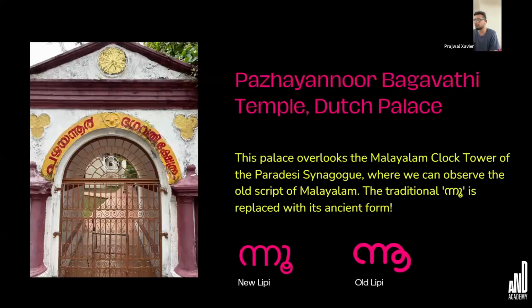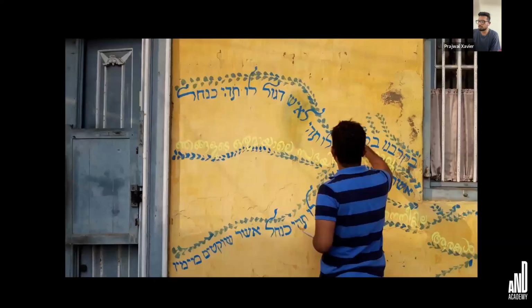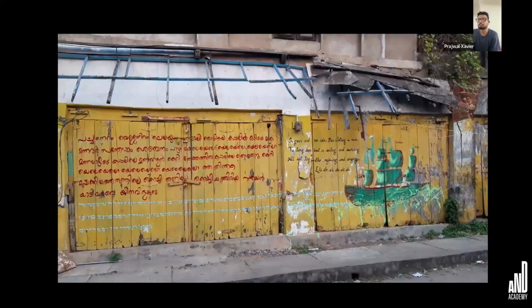But the thing is, it's not universal. The rule changes with every word, or I mean every letter. This was an artist in Kochi who did some Hebrew signages for the first Biennale in Kochi in 2012.